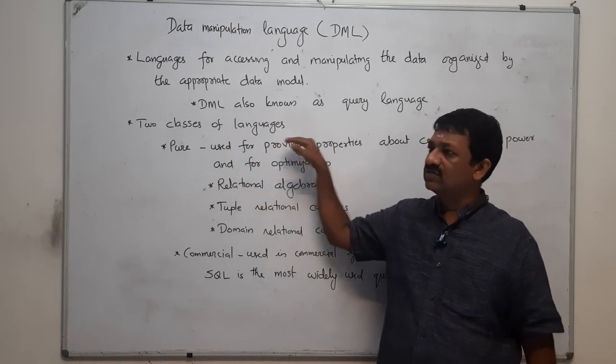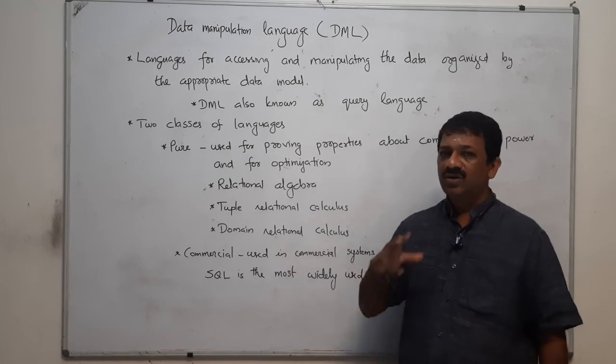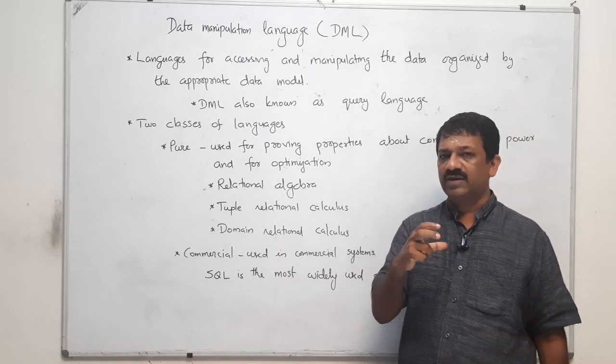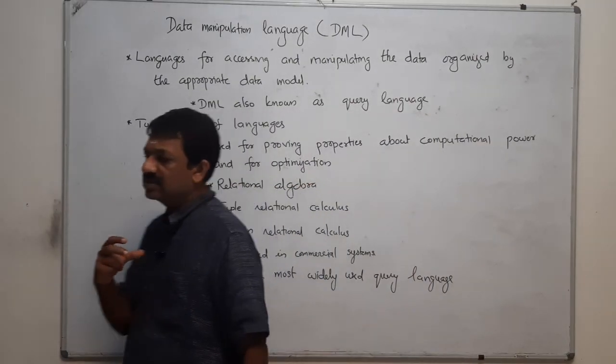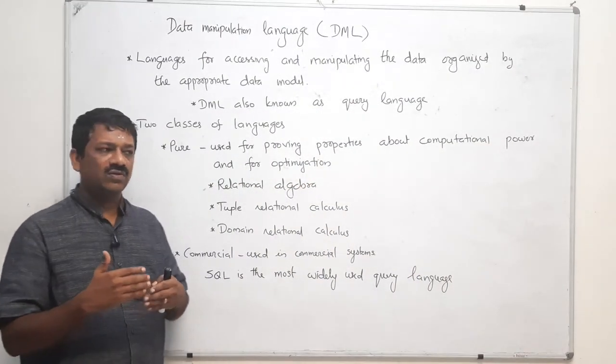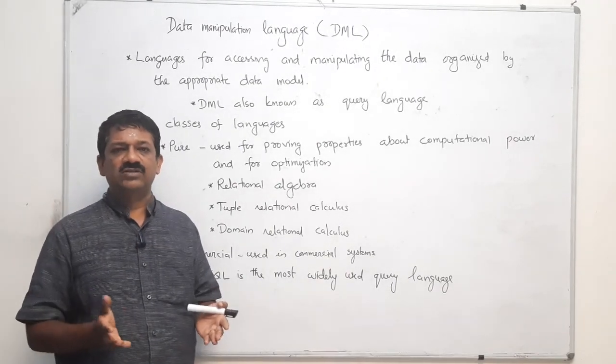There are two classes of languages. One is purely commercial. That means using commercial database management systems or commercial structured query languages, we can accomplish tasks or develop a database management system.